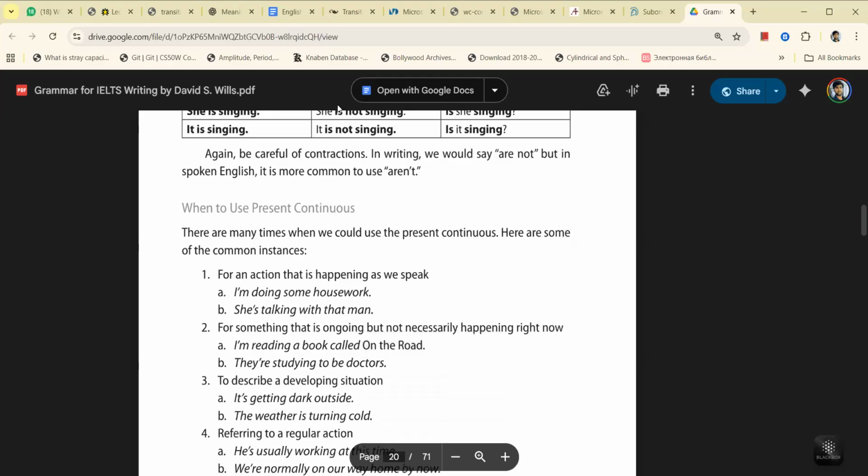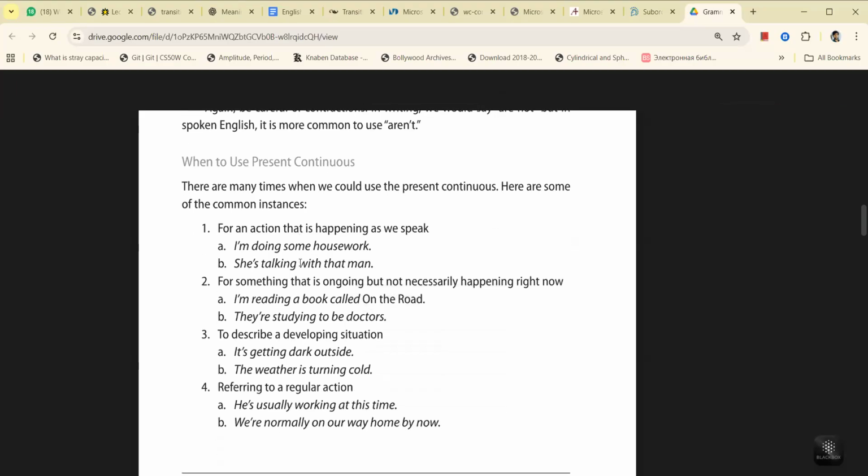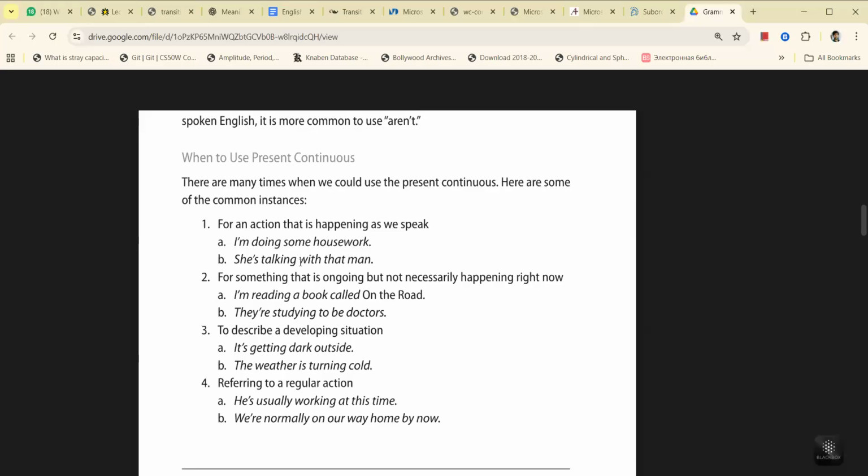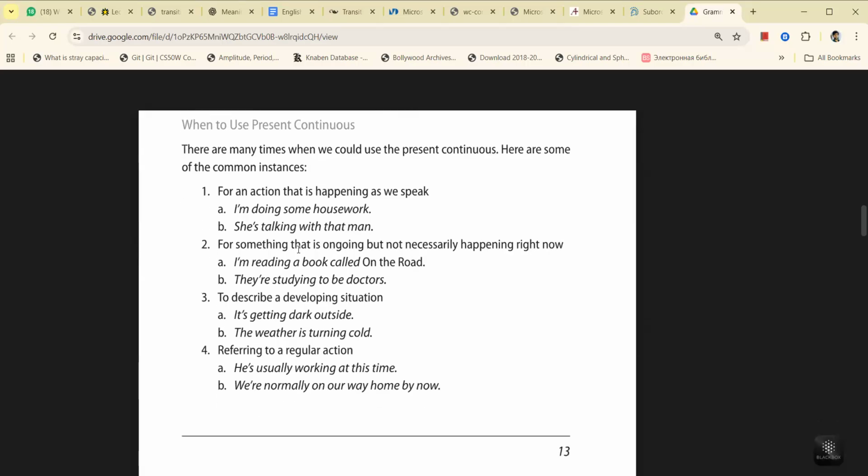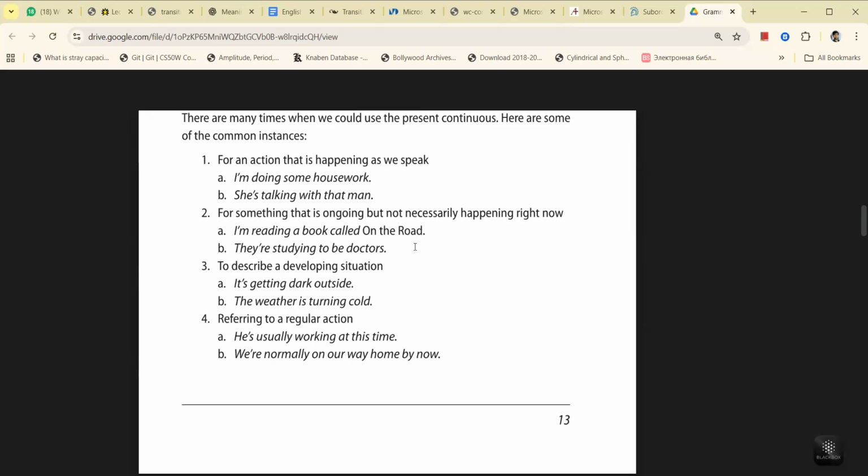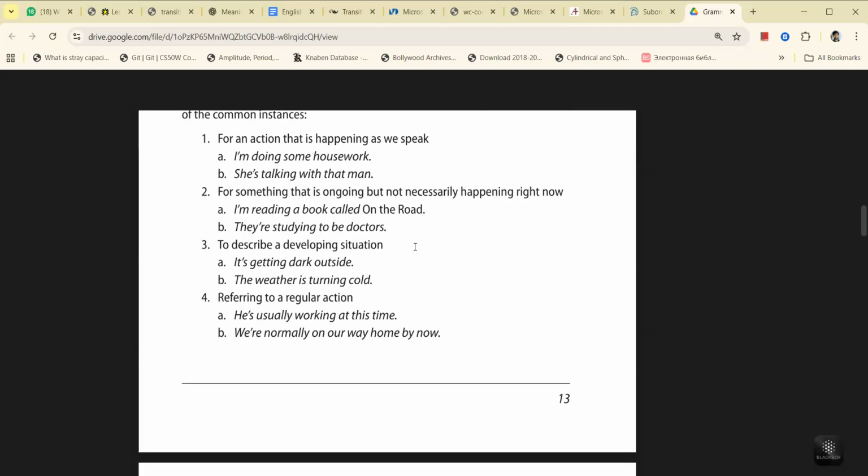When to use the present continuous: there are many times when we could use it. Here are some of the common instances. For an action that is happening as we speak: I am doing some housework. She is talking with that man.